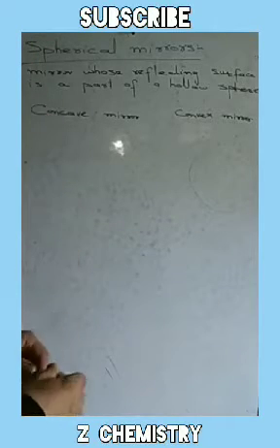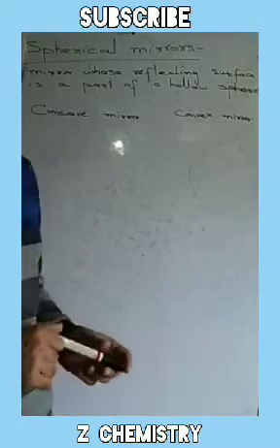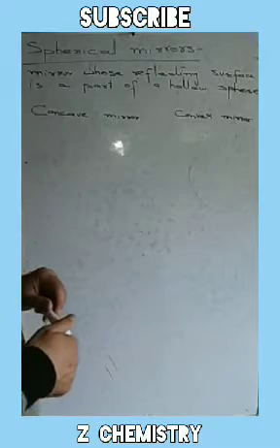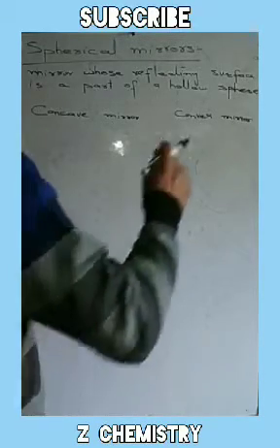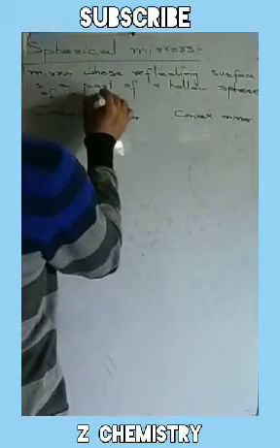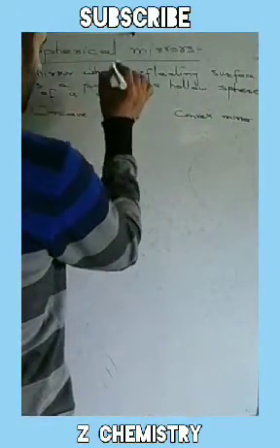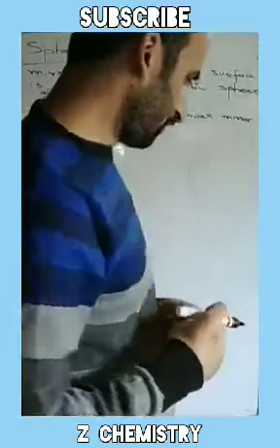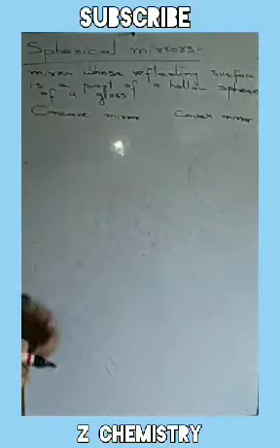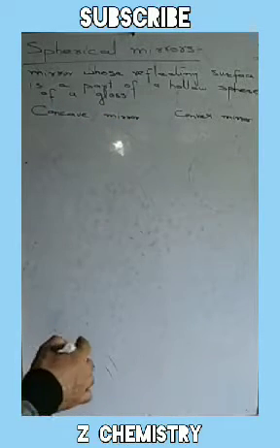Spherical mirror is a mirror whose reflecting surface is part of a hollow sphere, or the definition goes as a mirror whose reflecting surface is a part of a hollow sphere of glass. This spherical mirror is of two types. One is concave mirror and another is convex mirror.